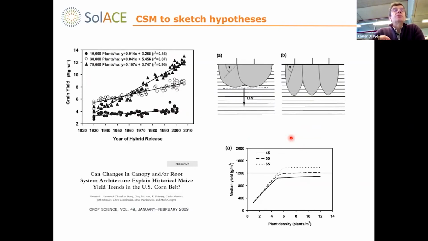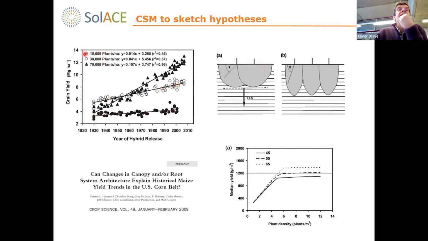Are these models useful? Well, they can be used for a number of different things. One example is that models can be used to sketch hypotheses about results that we have. An example comes from the study of maize grain yield evolution from 1920 to 2020. This is a time series of different varieties, showing that the breeders have been doing a good job.